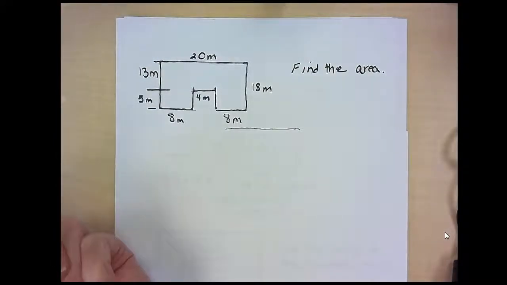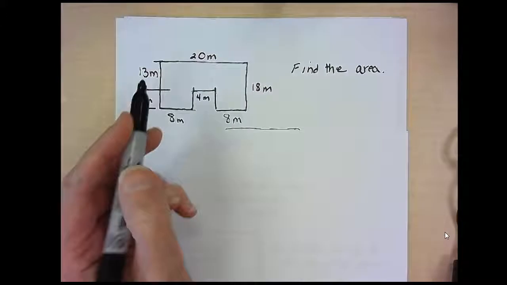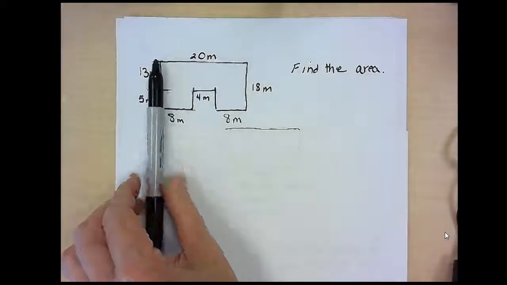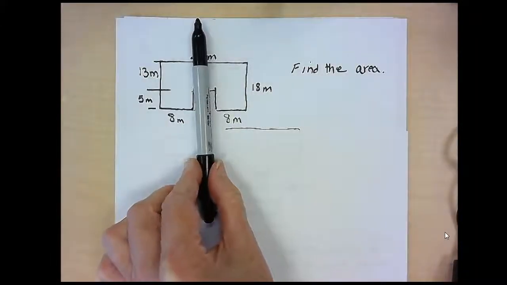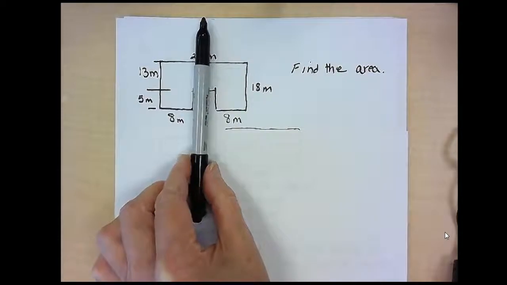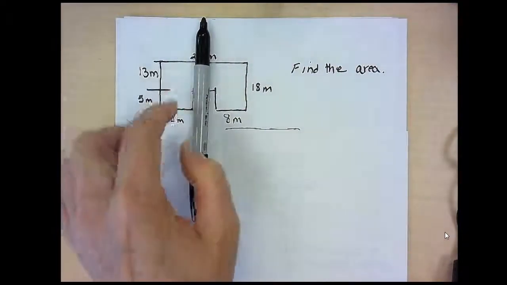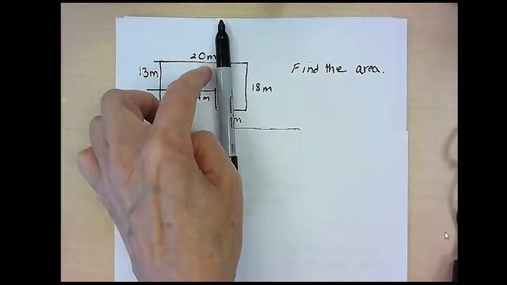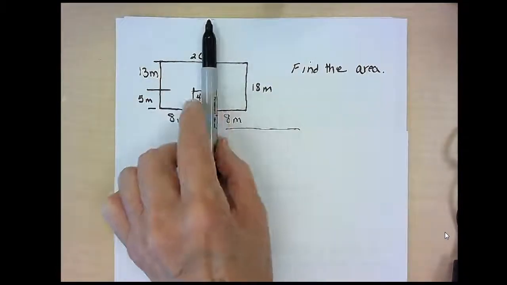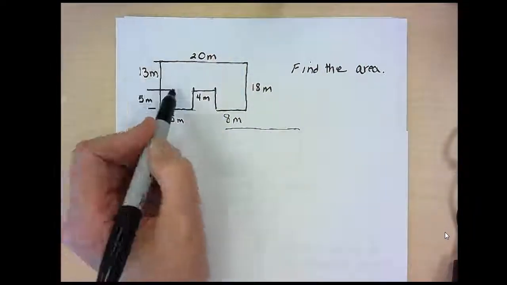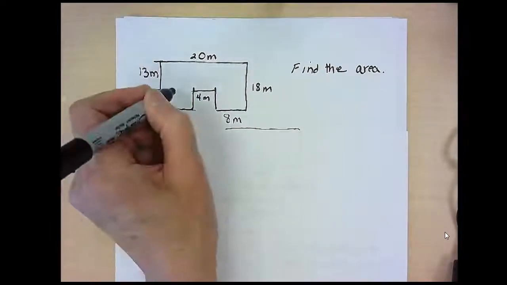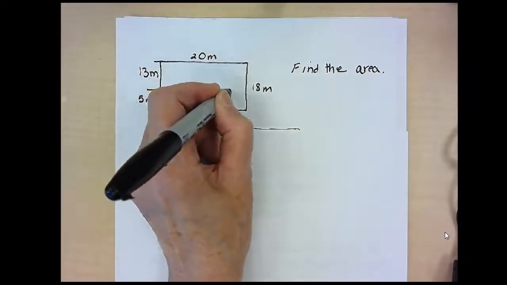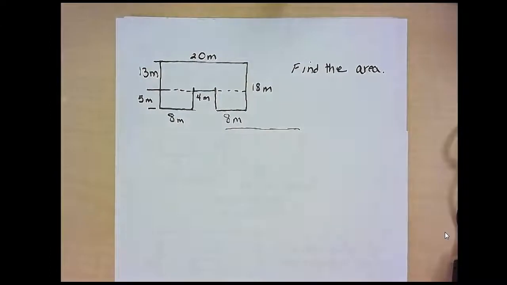So then we can divide it into sections. We could look vertically and draw a line here so that we find the left rectangle, the center rectangle, and then this right rectangle. I thought about it horizontally, so I divided it here.